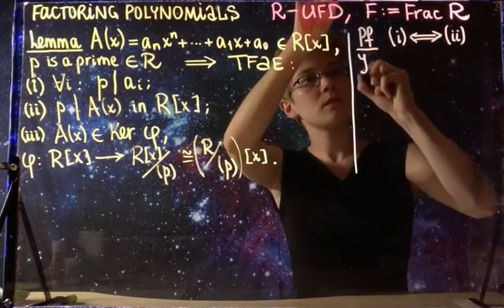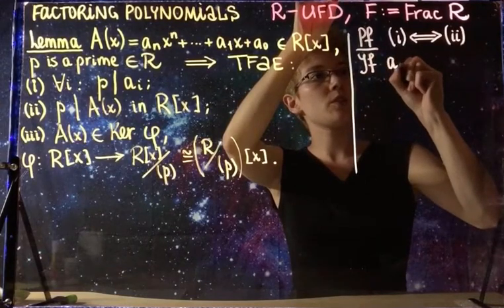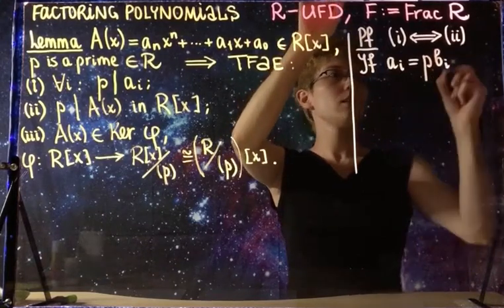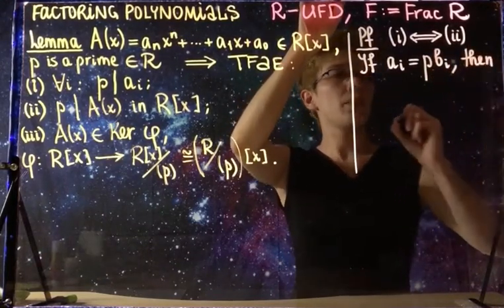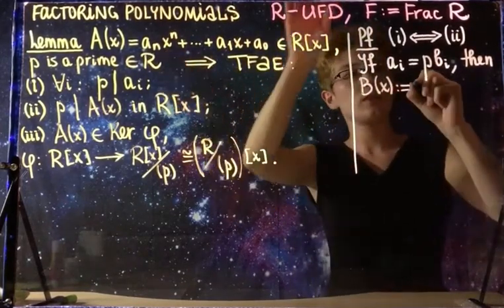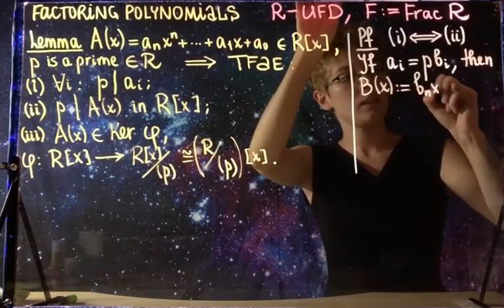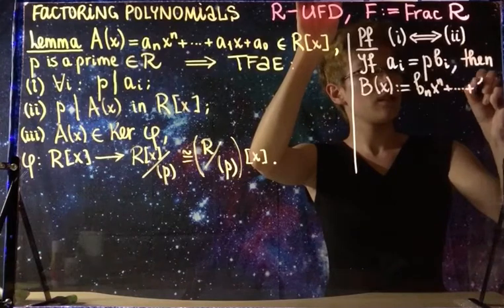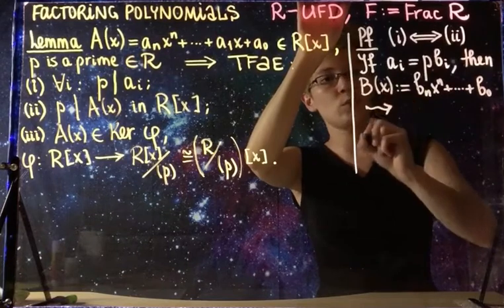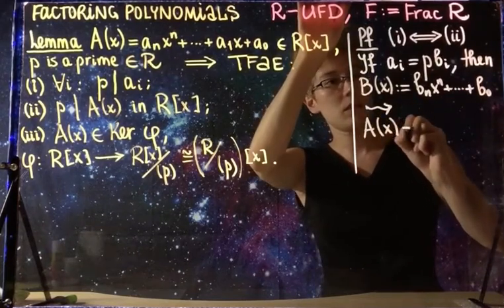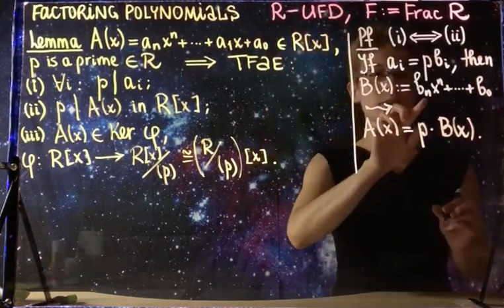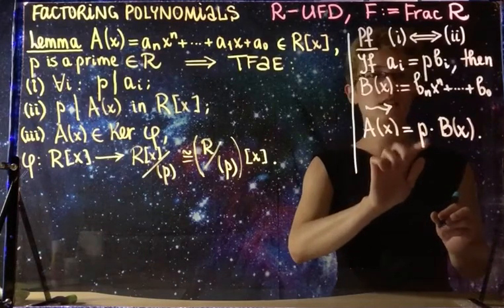So if I can write every coefficient of A as P times some b_i, then denoting by B of x the polynomial with coefficients b_i, so we have b_n x^n plus etc. plus b_0, we have that A of x is equal to P times B of x, because we multiply every coefficient by P and get a_i.